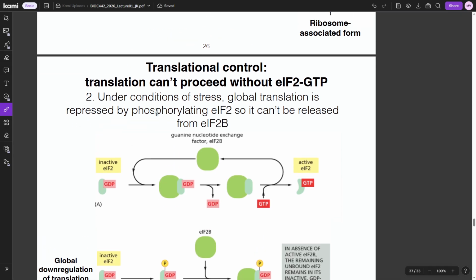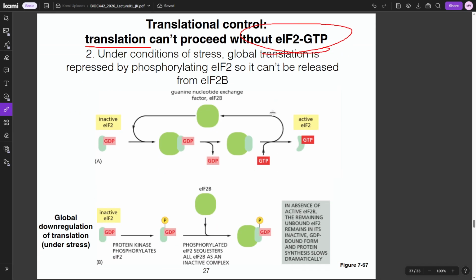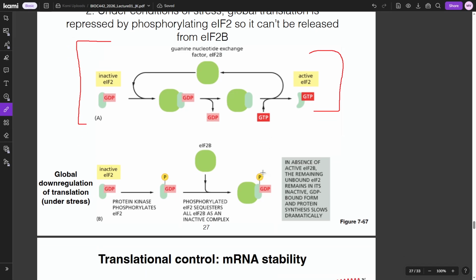Under conditions of stress, one thing to keep in mind is translation doesn't proceed without EIF2 GTP, which makes sense because you need it to start the whole process. Under normal conditions, you have this process. But under stress conditions, you end up phosphorylating the EIF2 GDP.